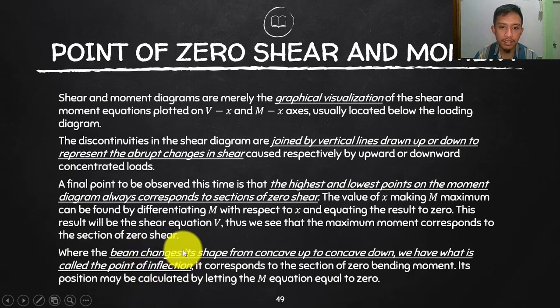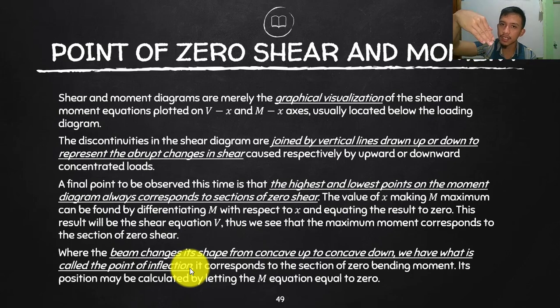Where the beam changes its shape from concave up to concave down, we have what is called the point of inflection. If we try to trace the formation of the beam, if we exaggerate the formation of the beam, it can concave this way, a lot of concavity. So there is a section of that beam that is opening downward, and a section that is opening upward, if your loading is a little bit complicated.